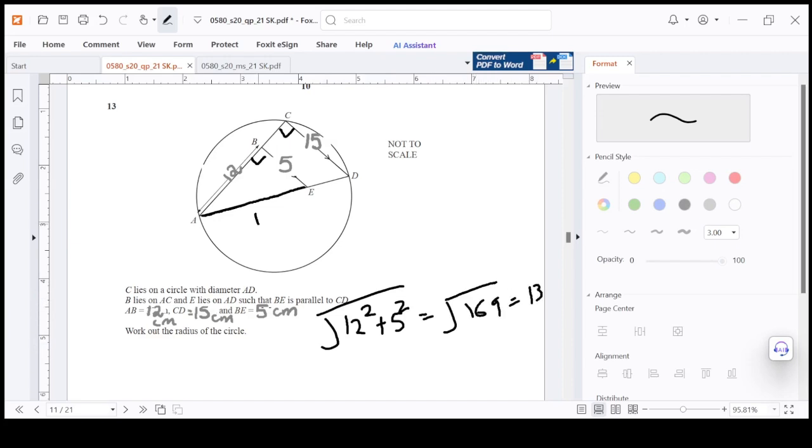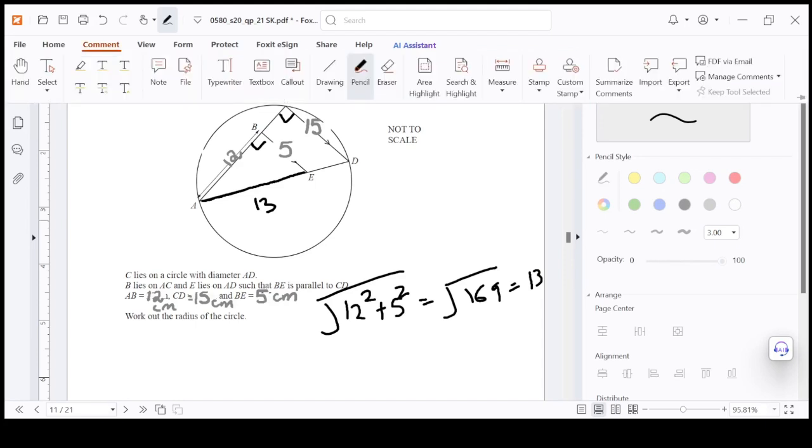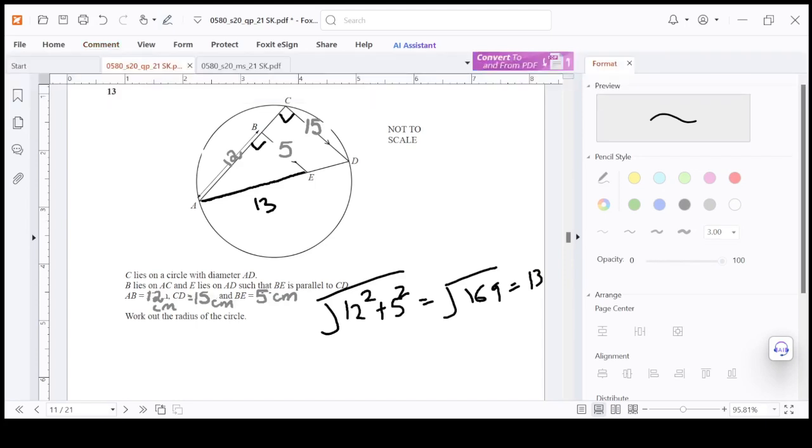So this part is 13. Now I'm going to use the concept of similar triangles to get AD. How do you know they're similar? Similar triangles have the same angles. So look at the triangles given to us.